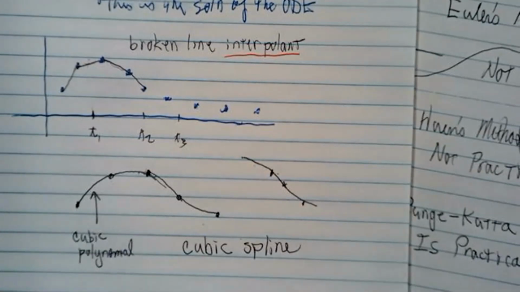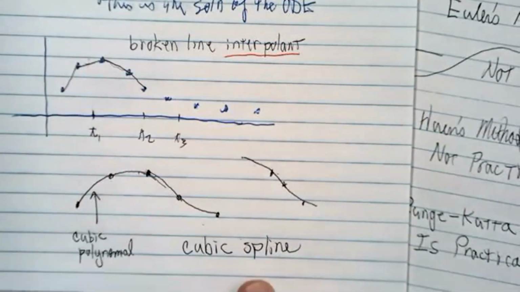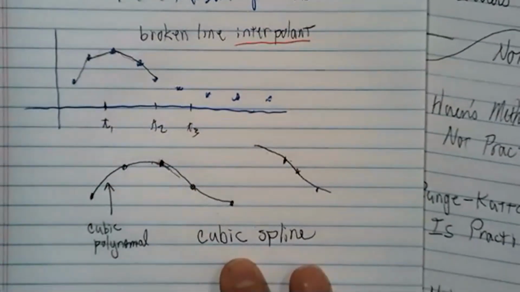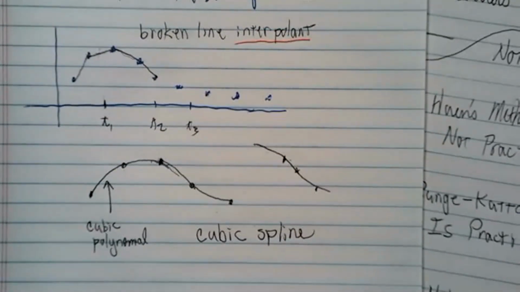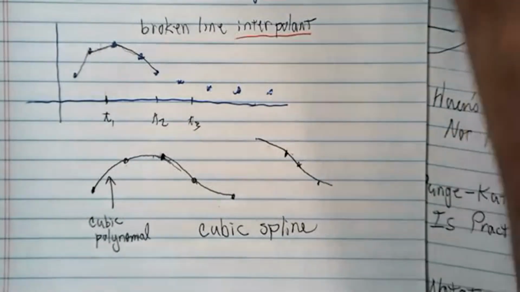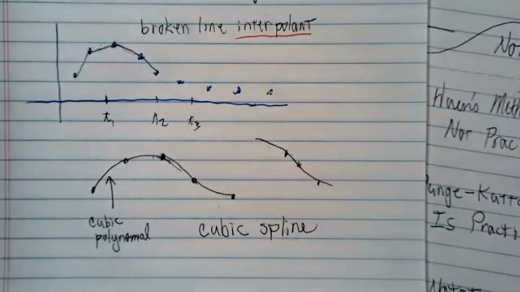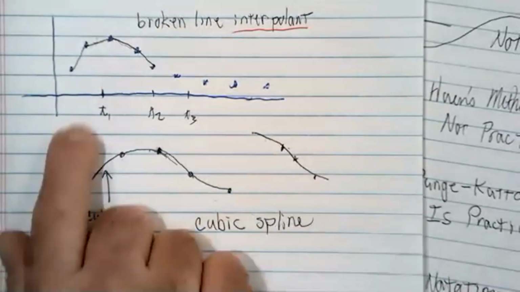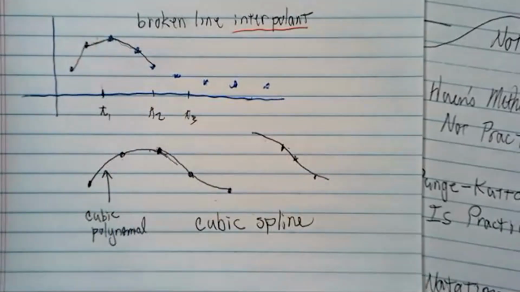So cubic splines, now we're just talking in general here. There are cases where they don't do well, but typically if you're just looking for a smooth function that goes through some points and you want it to be simple and straightforward, you just type it in on MATLAB and boom, it's there. You can hardly do better than a cubic spline. So cubic splines are probably what you're going to want to fill in the space between the dots.